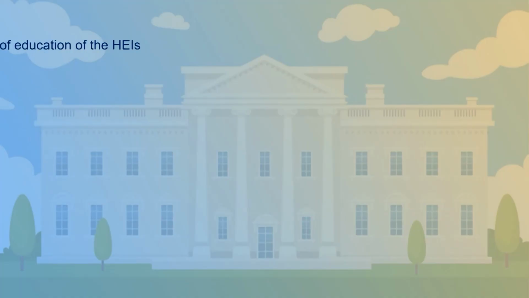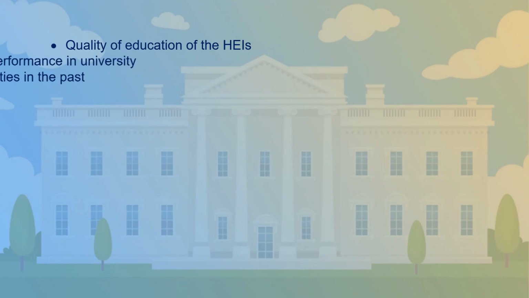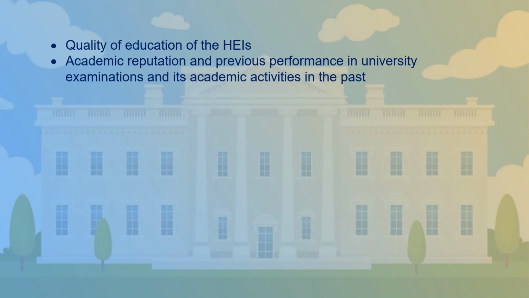Now, there must be some criteria that are taken into consideration while granting autonomy. What are those criteria? Number 1, quality of education of the higher educational institute. Number 2, academic reputation and previous performance in university examination and its academic activities in the past.